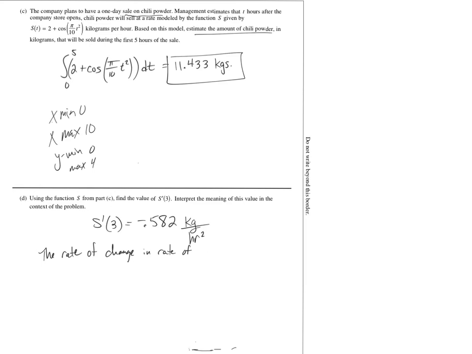So we can say the rate of change in the rate of sale of chili powder is decreasing because it's negative at 0.582 kilograms per hour squared, or kilograms per hour at the time t equals 3.